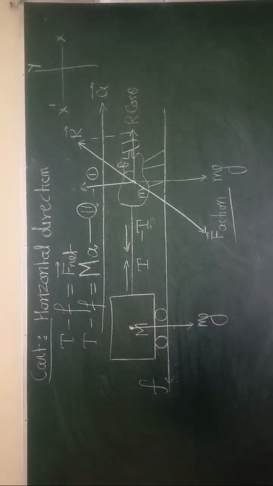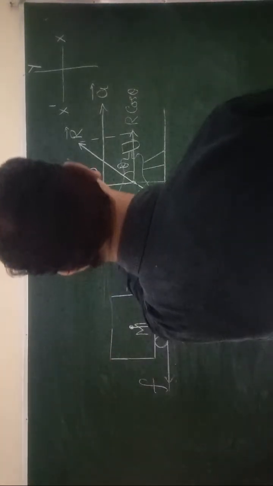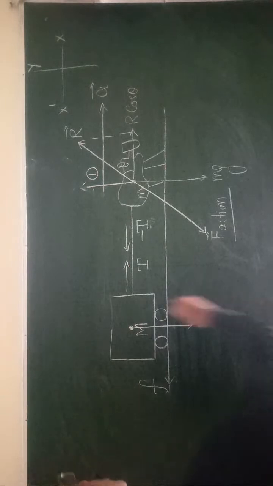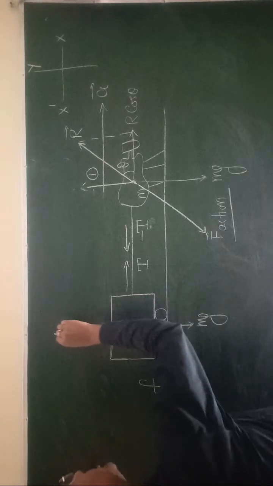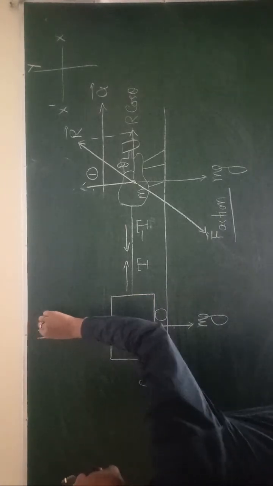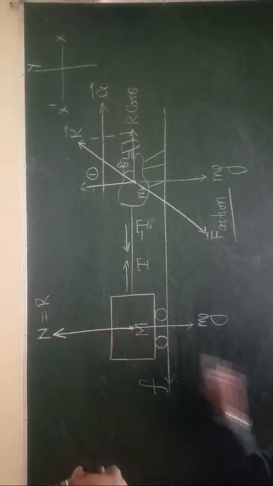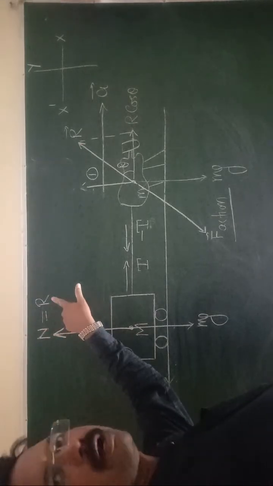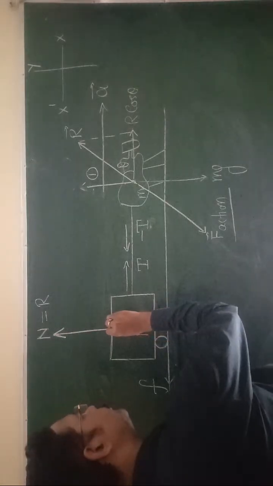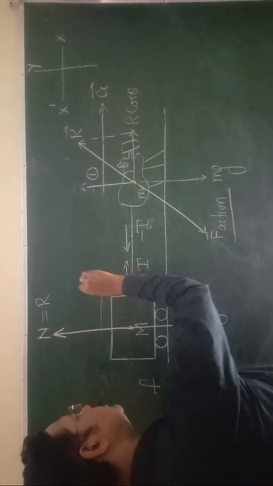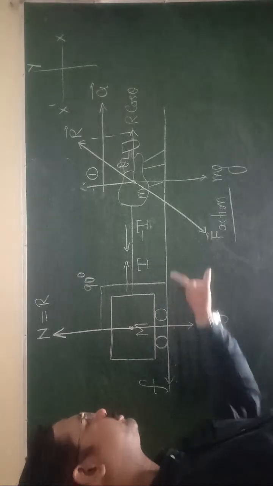Again, if the surface is at right angle, opposite to mg there is the normal reaction force. You can write N, you can write R, as the book writes. It is making a 90-degree angle from the horizontal, from the surface.